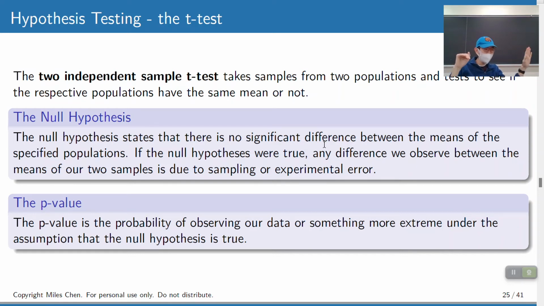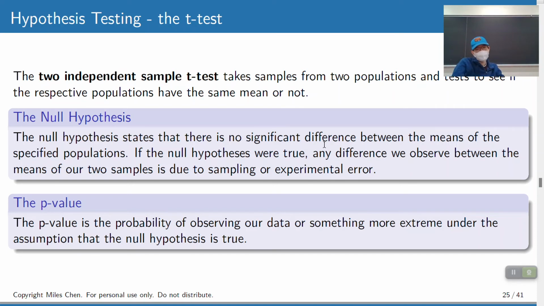We calculate the heights of the boys in second grade, we calculate the heights of the girls in second grade, and we ask the question, in second grade, so this is like 7-year-olds, could the heights of boys and girls be the same or are they different? Okay?